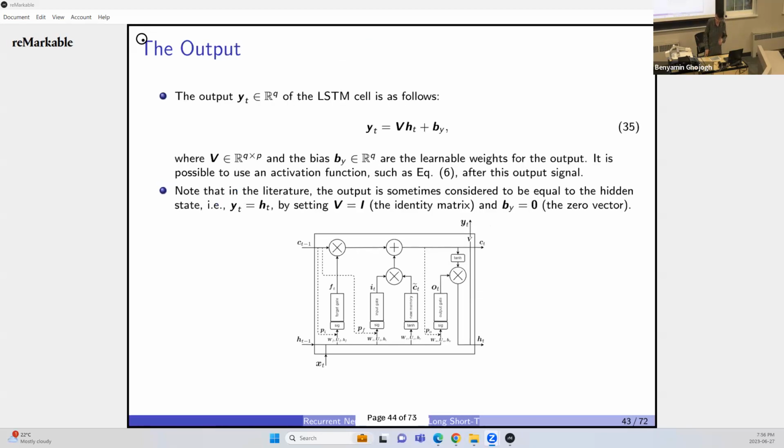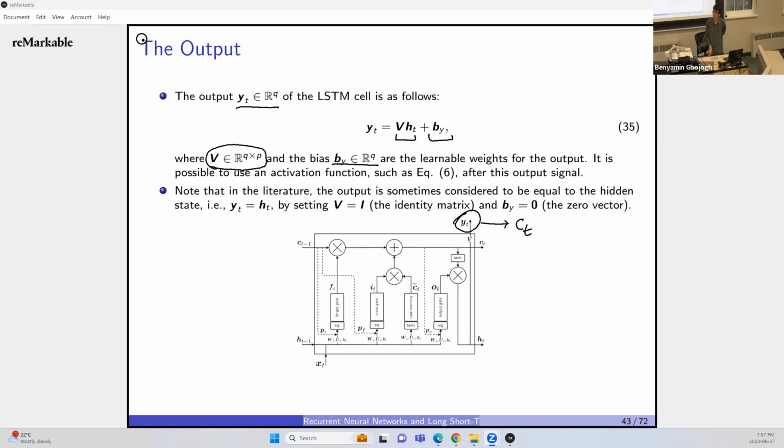We have also output, YT, here. What does it do? The output YT, which is Q-dimensional, is defined as V HT plus BY. So we might have some bias and some learnable parameters V times HT. Interestingly, usually in the literature, you might see that in these LSTM cells, rather than YT here, we have CT.